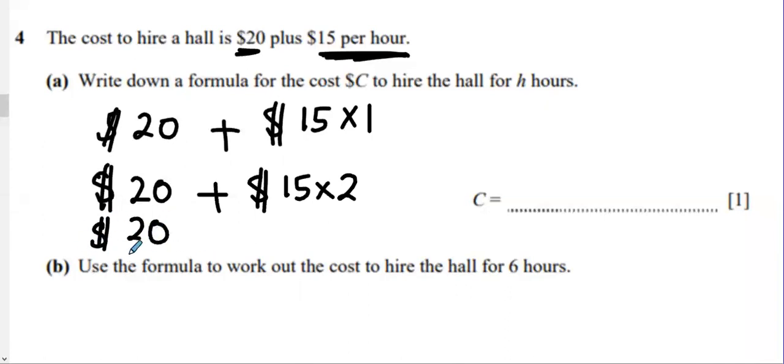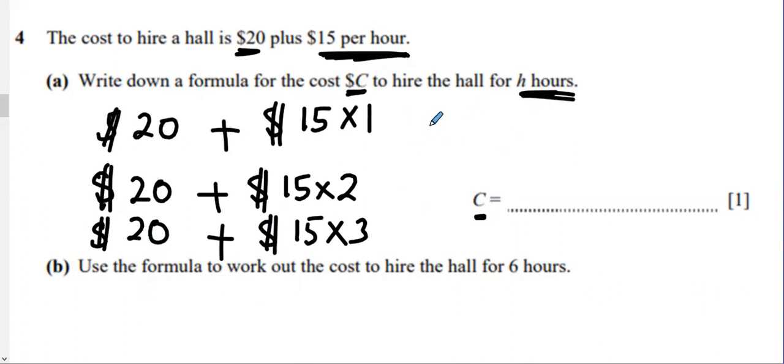You pay the same $20 plus $15 for 3 hours, so you multiply by 3. Now, the question is: write down the formula for the cost C to hire the hall for H hours.